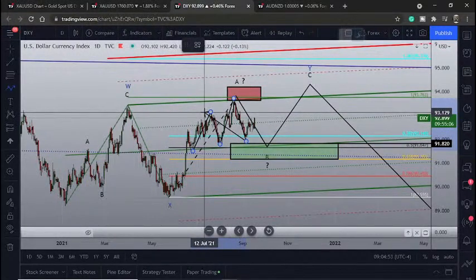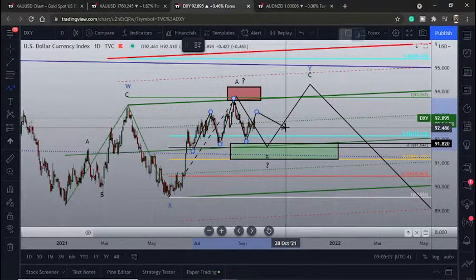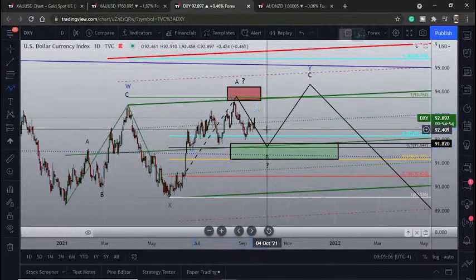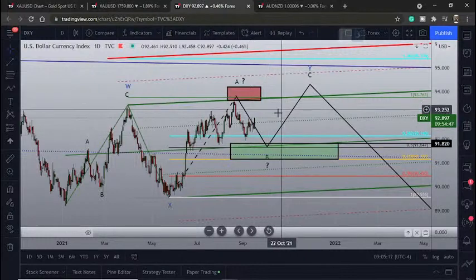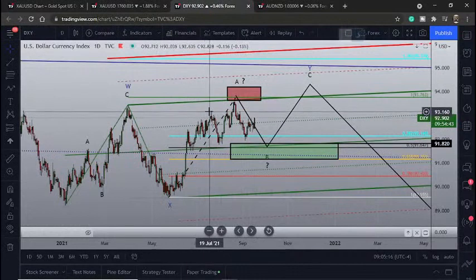If price fails at this area, and it is actually heading higher at the moment, we could see a move lower. And when price breaks the neckline, we're probably going to see a short-term sell-off, but I think it's just going to be a bearish trap, and we're going to see another move to the upside. So price could very well negate that. This is just obviously assuming that could happen.